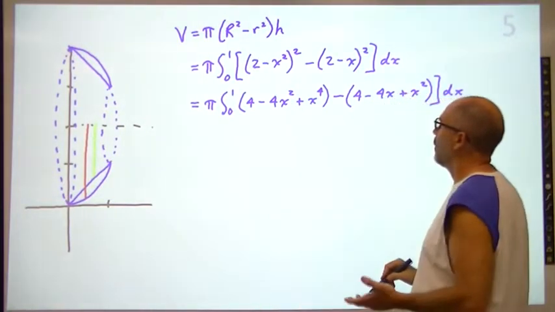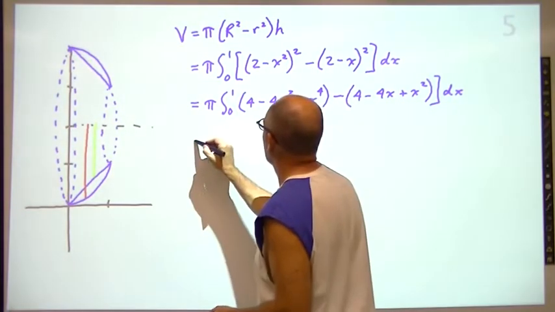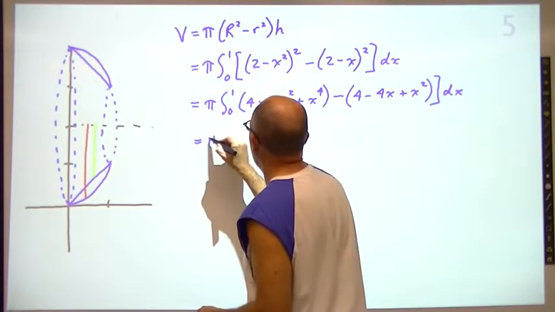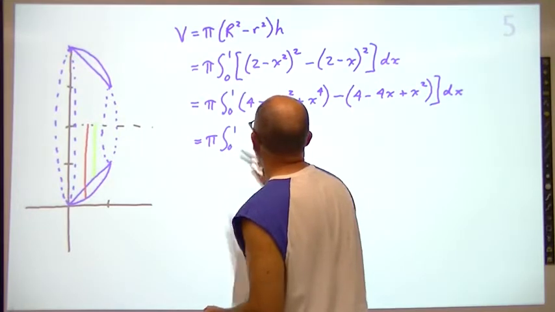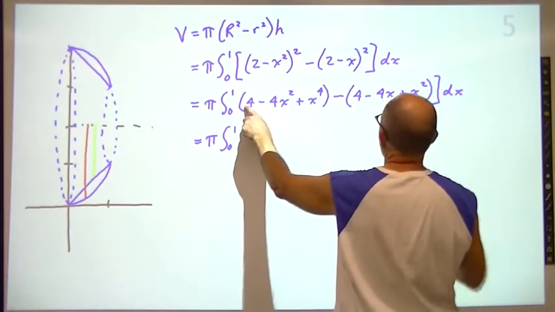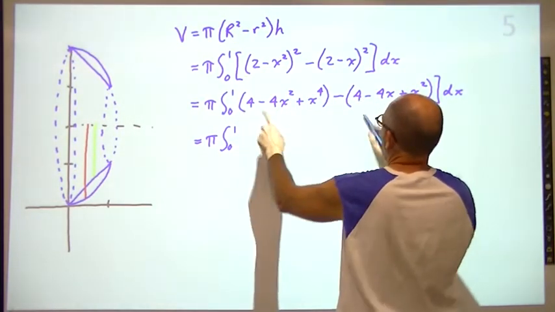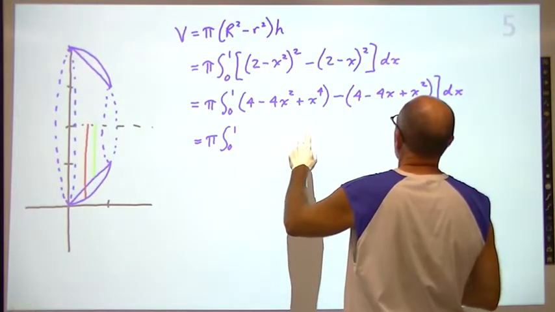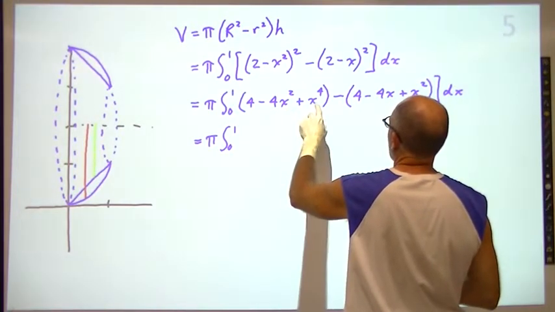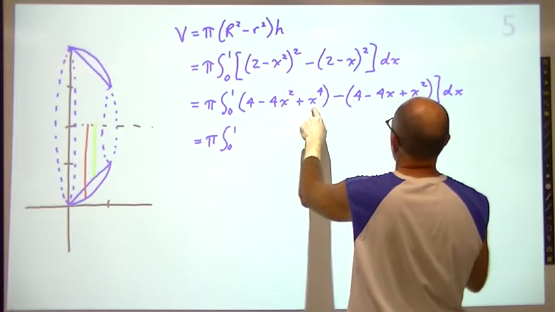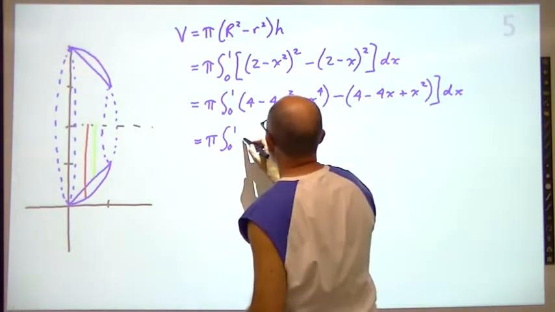Okay, now we just combine like terms. So I've got pi times the integral from 0 to 1. Now we've got 4 minus 4, so they're gone. Let's just start with the x to the 4th. So I've got a 1x to the 4th, and that's it.